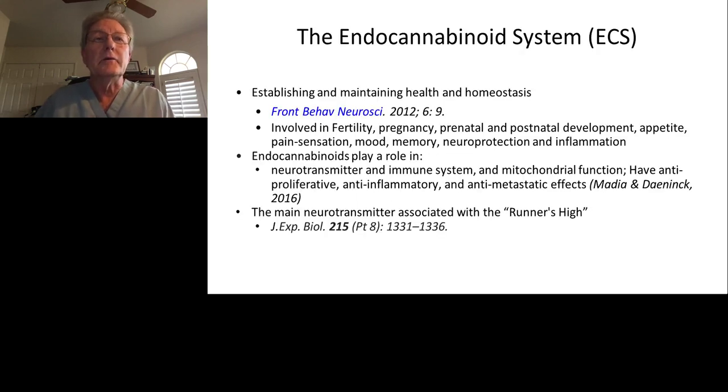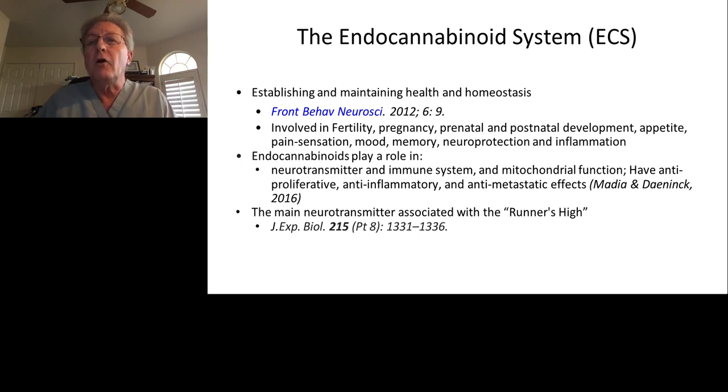Now, the endocannabinoid system is the biological system that regulates physiological and cognitive processes and is perhaps the most important physiologic system involved in establishing and maintaining health and homeostasis in vertebrates.